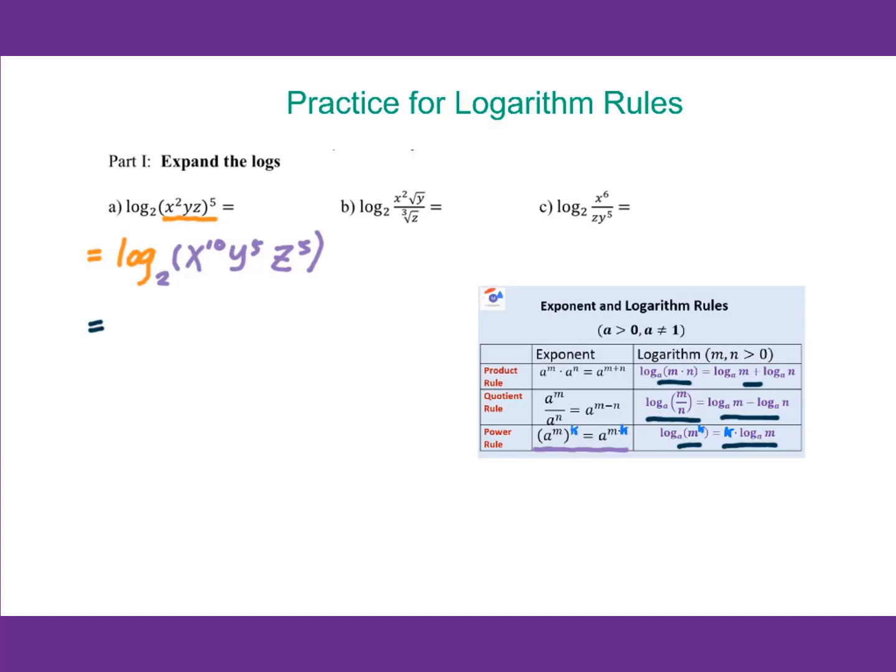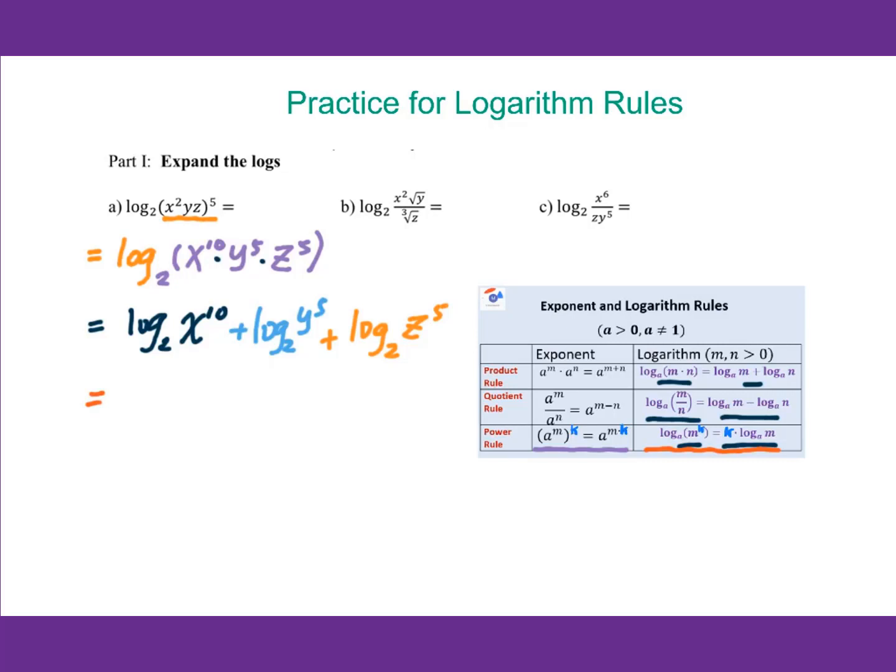We have a multiplication of an argument. Therefore, we add the logs. So we got log base 2 of x to the 10th power plus log base 2 of y to the 5th power plus log base 2 of z to the 5th power. Then using this rule, drop down the exponents, do the multiplication.